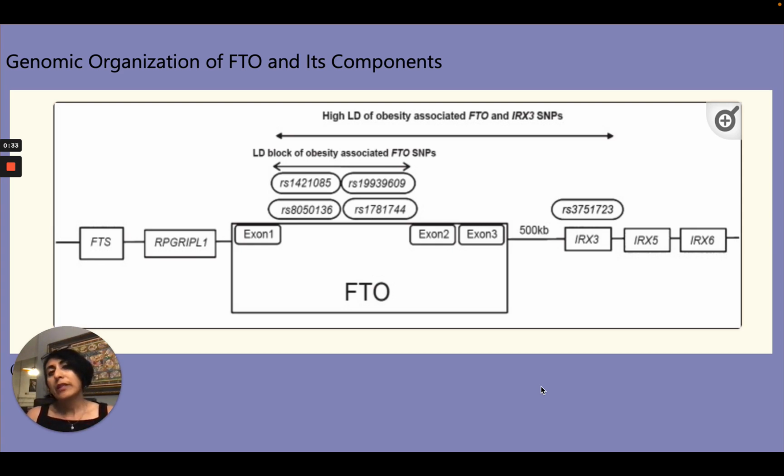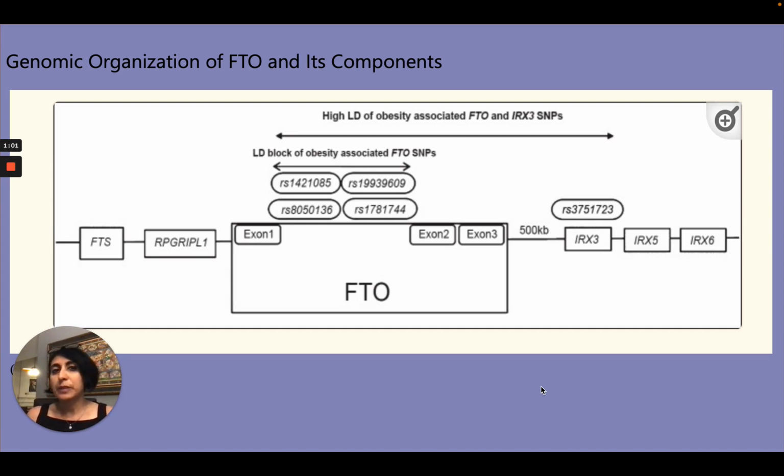So the theory is that the FTO gene affects the cluster genes as well as the RPGRIPL1 gene, but the mechanisms are not exactly for sure what it does, but we do know it has an impact on obesity.